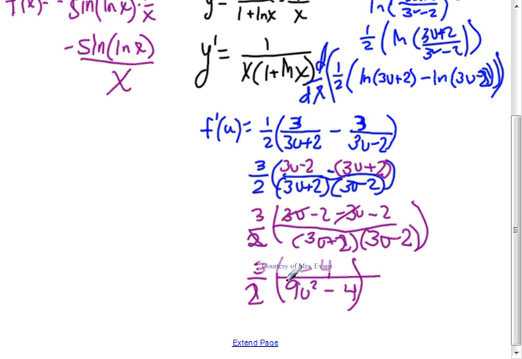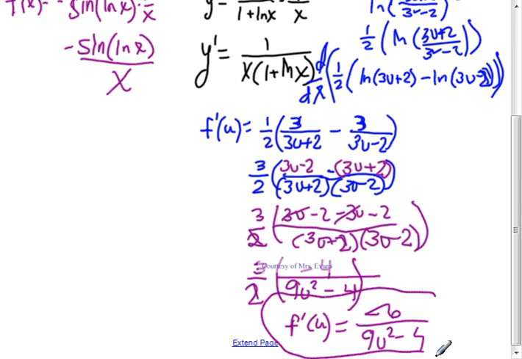Alright, and then we could just simplify a little bit more because 2 and negative 4, I can reduce that. So I'm going to end up with f prime of u equal to negative 6 over 9u squared minus 4. So that's our final derivative.